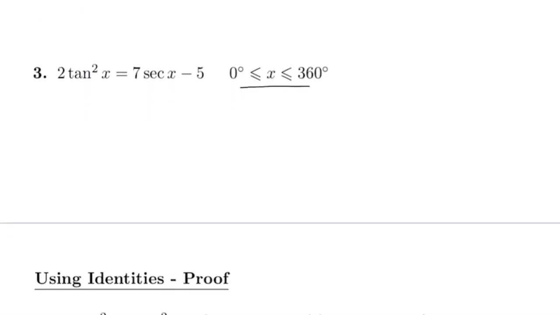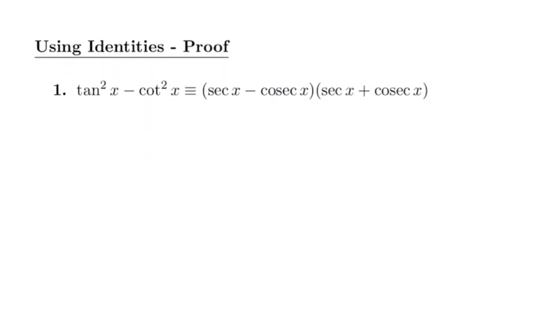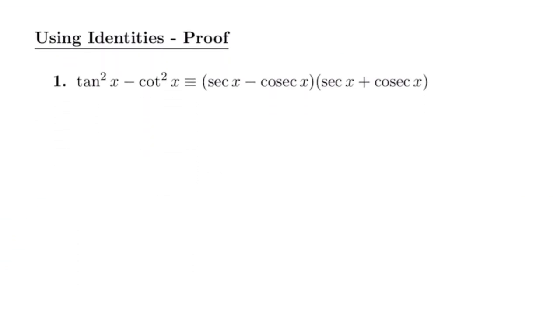Now, the other thing that we can use these new identities for is proof questions. And often with proof questions, it's a good idea to start with one side, usually the most complicated side, and make it look like the other side. So this first question, it said we need to show that tan squared x minus cot squared x is identical to sec x minus cosec x multiplied by sec x plus cosec x.